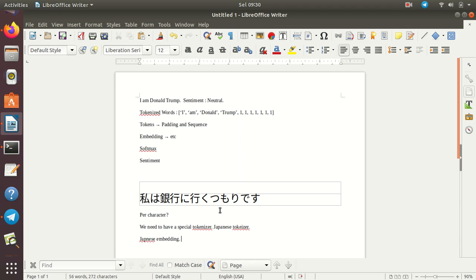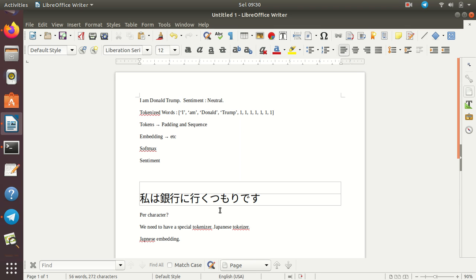So if you want to do sentiment analysis in the Japanese language, you first need to know how to tokenize Japanese in the right way.